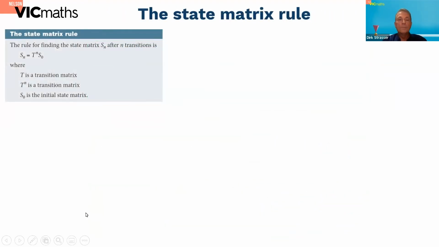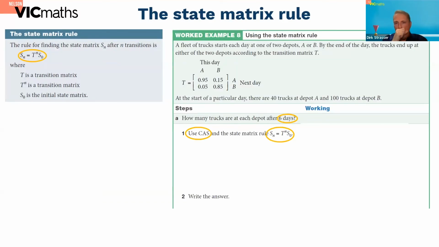There's also a rule, the state matrix rule. If you think back to financial maths, where you've got the recurrence relations and rules, you've got both, and you're sometimes asked to use one or the other. So the same thing here. In this case, you want to ask how many trucks are at each depot after 6 days.